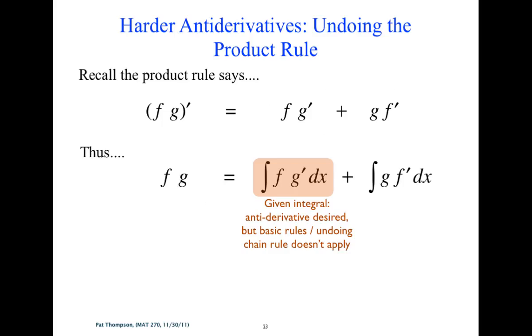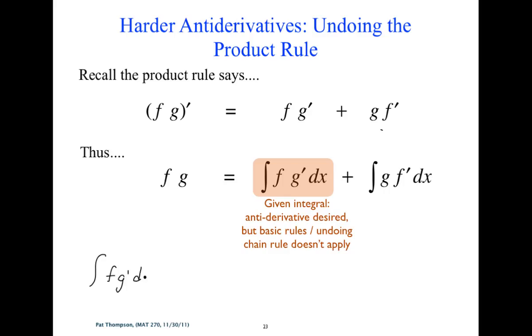So the problem you come across is going to look like this, where the thing we're taking the antiderivative of is one of the two terms in the sum you get when you do the product rule. It's a trick. Yeah, I know that, but I'm trying to figure out why it works.